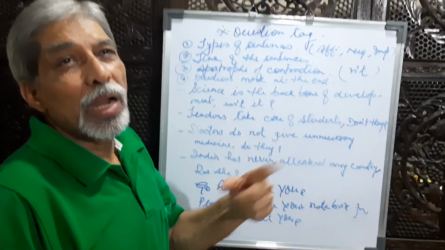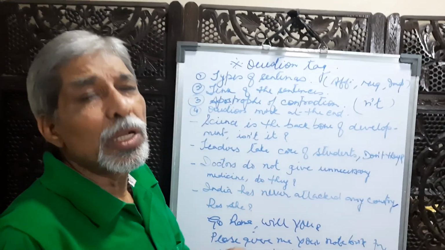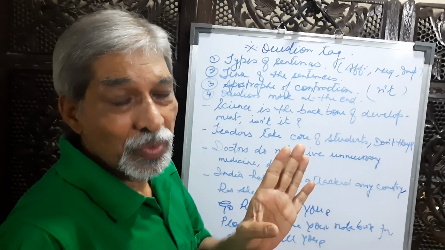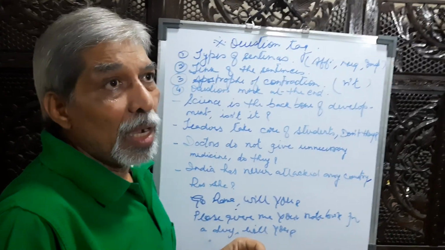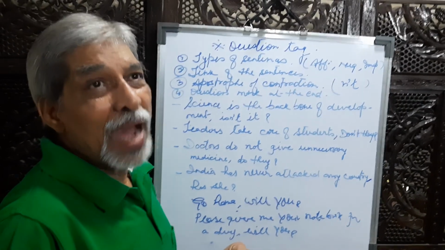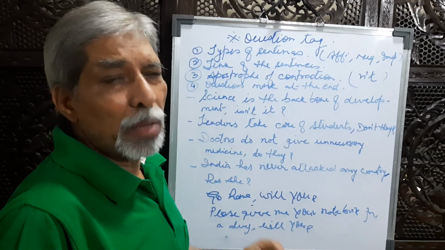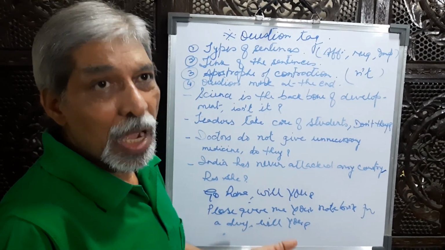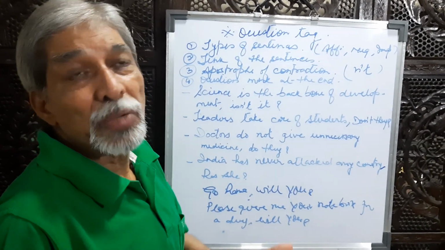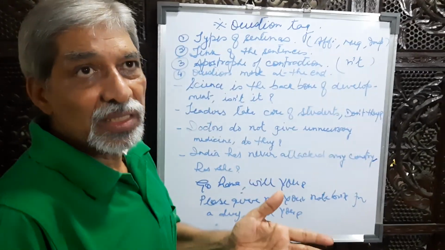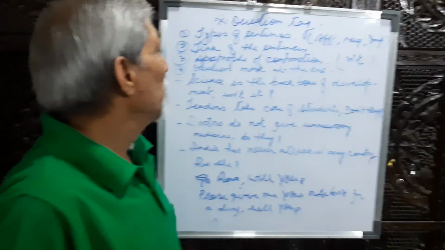So have and then apostrophe of contraction, haven't they. India has defeated the enemies a number of times. It is present perfect tense, so has is the auxiliary verb, hasn't she.